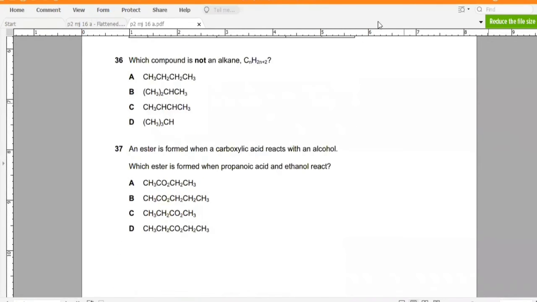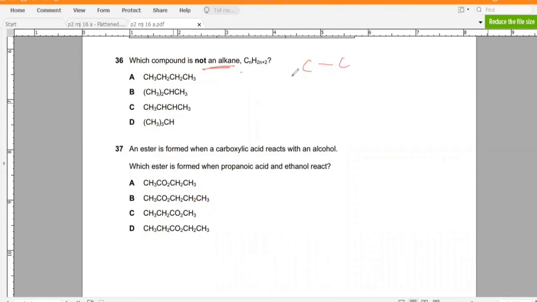36. Which compound is not an alkane? Look at it, you have to find which is not an alkane. The formula CnH2n+2 is given. Alkane compounds are basically made by single covalent bonds, I mean carbon-carbon single bonds.